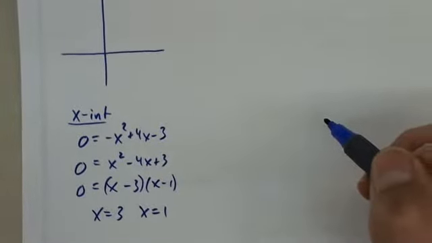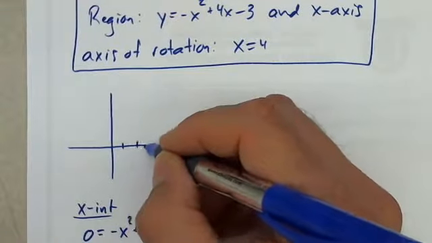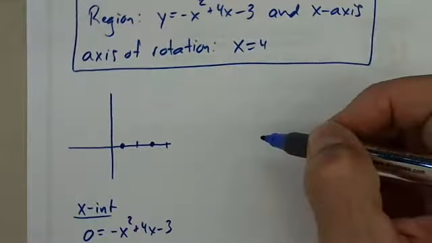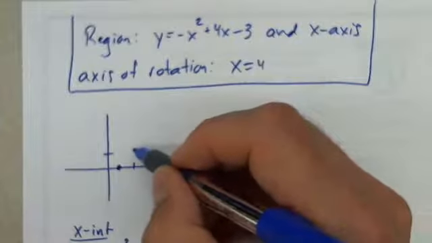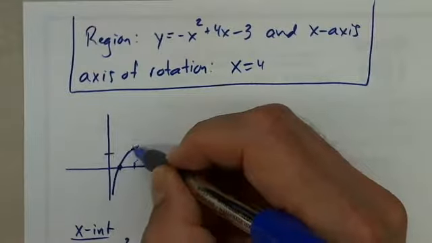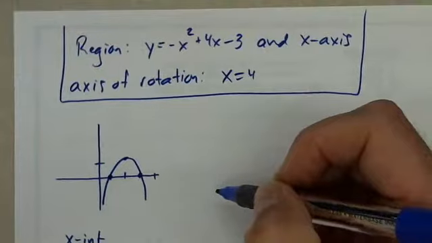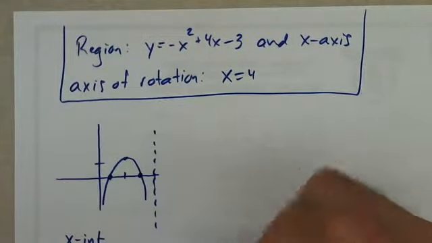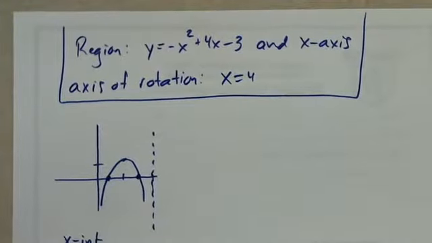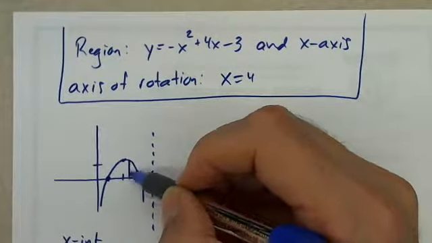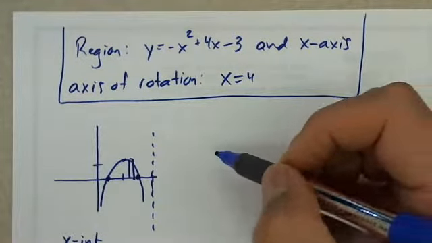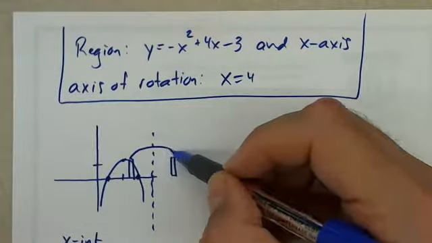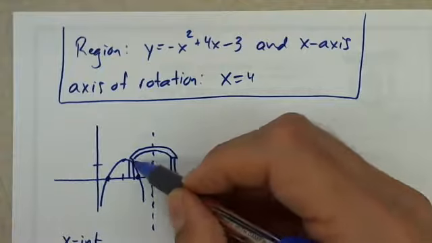All right, so we know the graph is going to be at 1, 3, and we have a parabola, 1, 2, 3, 4. Here's the axis of rotation. So if we have a rectangle, it's going to reflect across that, and there is the shell.